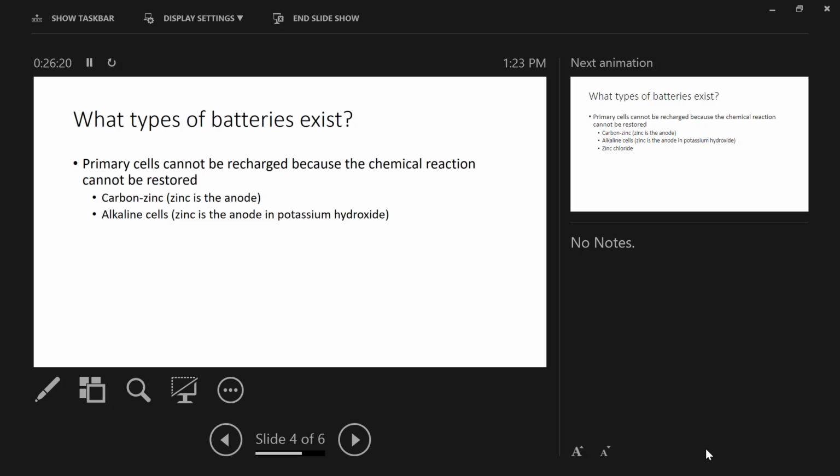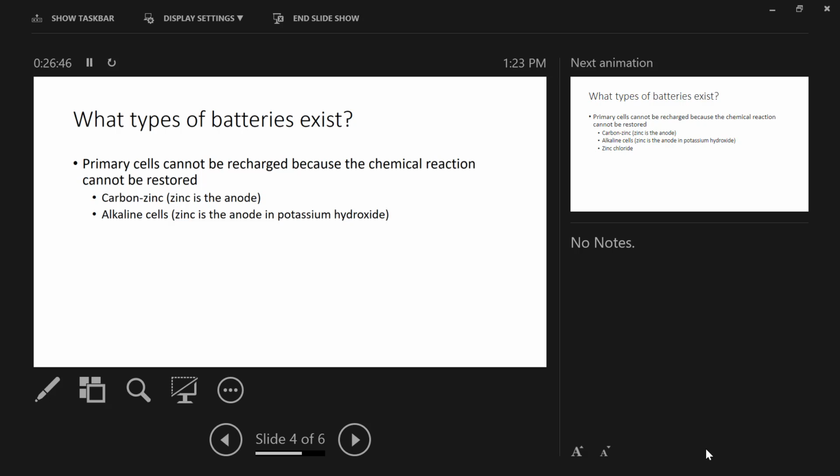How do we know that potassium hydroxide is the electrolyte from the way that phrase is phrased? It's inside, right? It's saying zinc is the anode in potassium hydroxide. And you hear anode, you hear battery, you think voltaic cell, and you know that our anode and our cathode are suspended in our electrolyte.